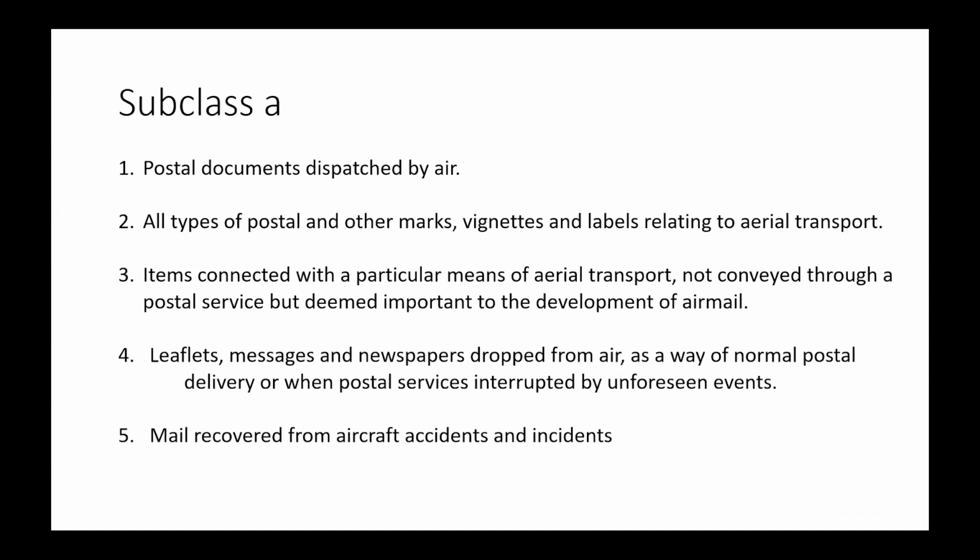All right, so the first thing you've got to understand in Aerophilately is there are actually two areas. They're called subclasses. One is subclass A and one is subclass B. So what is subclass A? Basically, it's any postal document that has been flown.